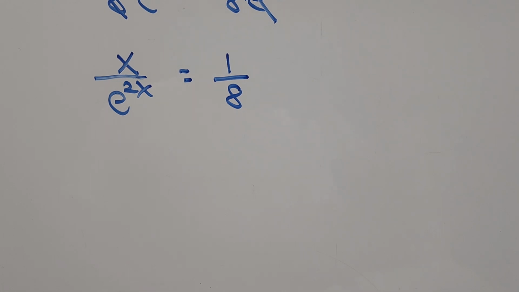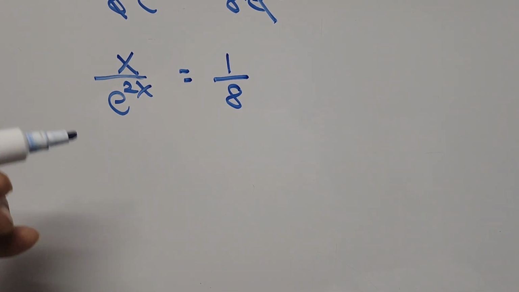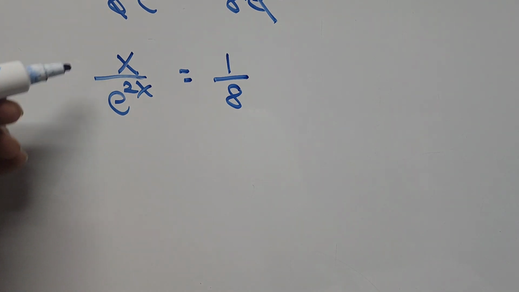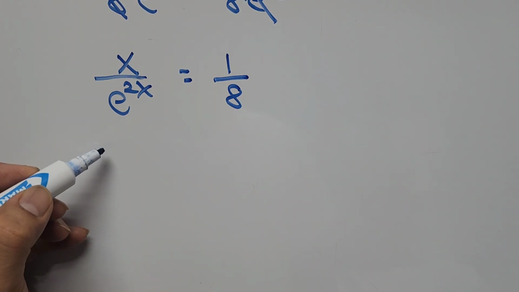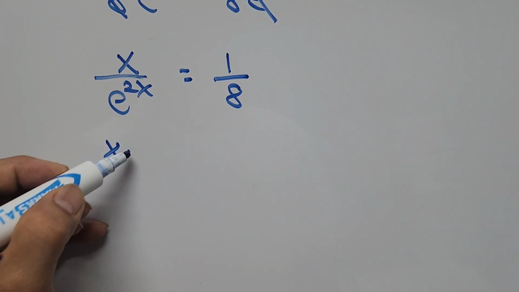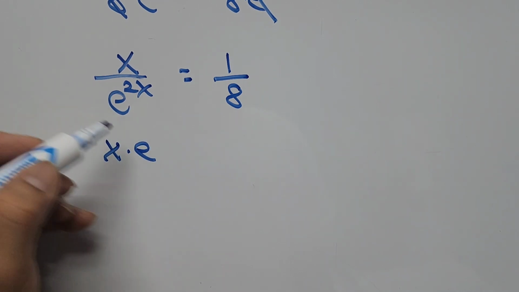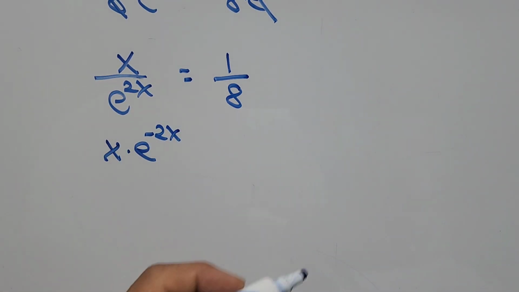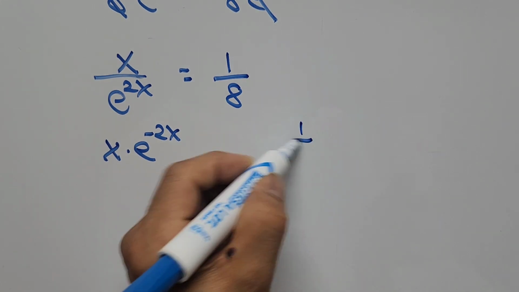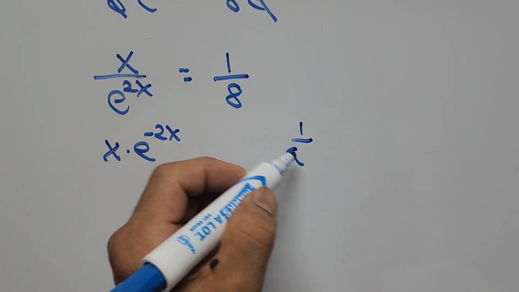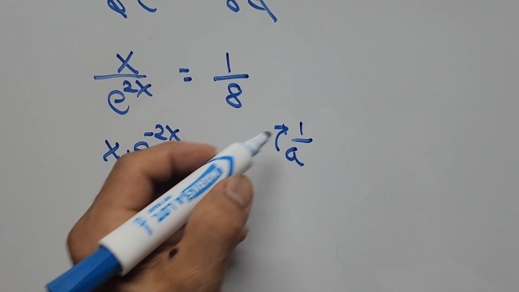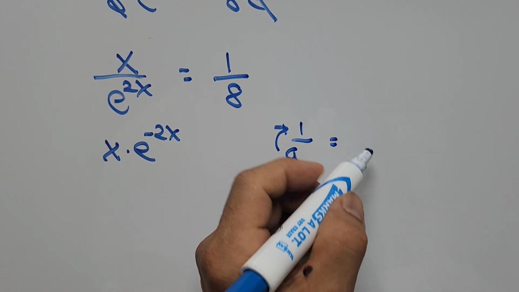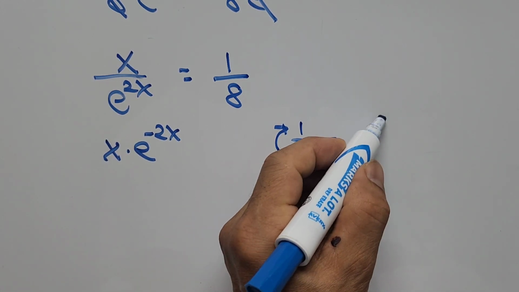So what will be the next step? If you notice, this is a fraction, so we can put the denominator to the numerator. So we'll end up having x multiplied by e to the power of negative 2x. Okay, that is from the formula. If we have 1 over a, and we're putting this a to the numerator, this will become a to the power of negative 1.